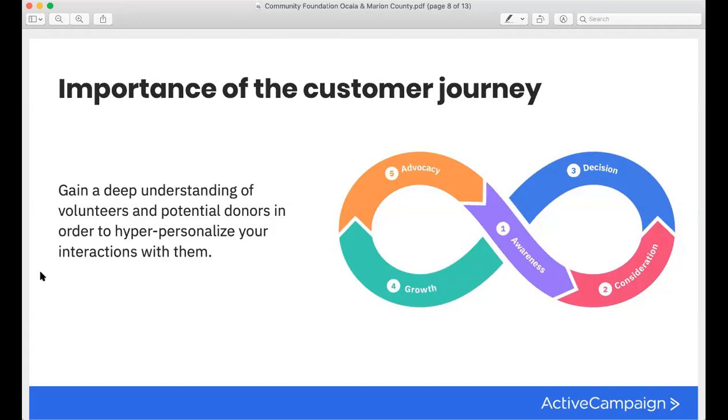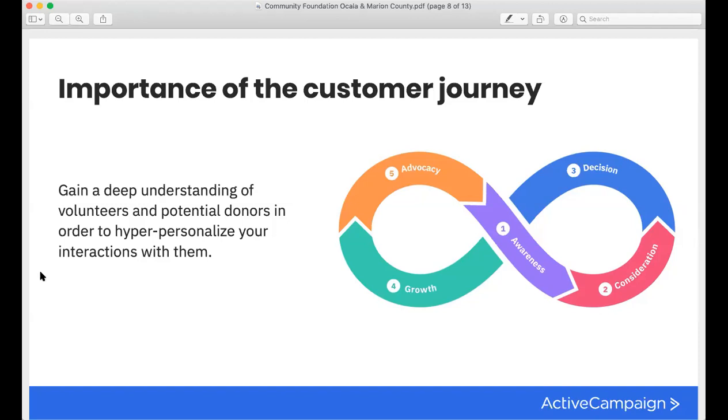And then tipping them over to the decision phase, of deciding, yes, I am bought in, I want to donate, I want to become a member. And then growing with them. And lastly, and I think most importantly for nonprofits, is the advocacy stage.